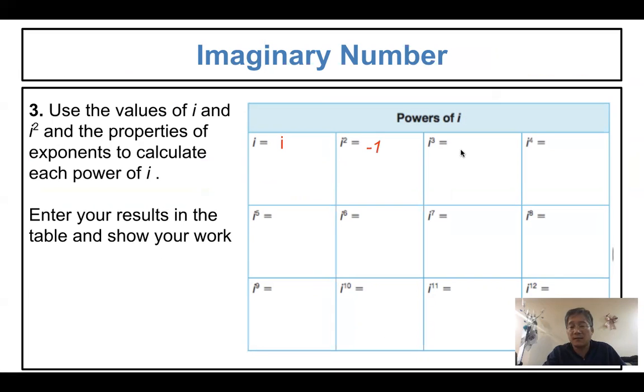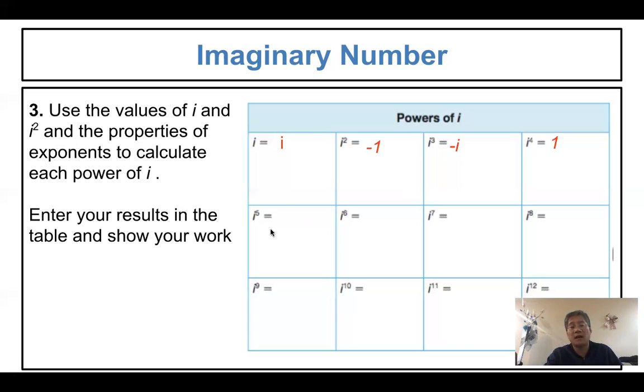Do you understand? -1 times i, because i squared times i is i to the third, it becomes -i. Then i to the fourth power is what? -i times i, right? Because i to the third power times i becomes -i squared, and then i squared is -1, so negative becomes +1, 1.